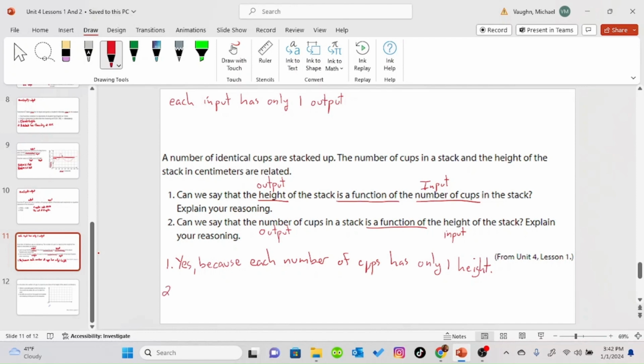So for number 2, yes, this is also a function because each height has only one number of cups. So in this example, both are functions because both have inputs with only one output for each input.